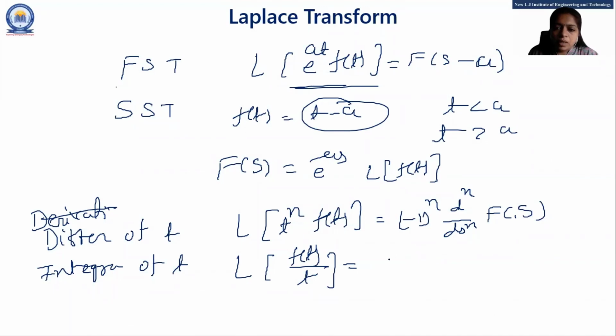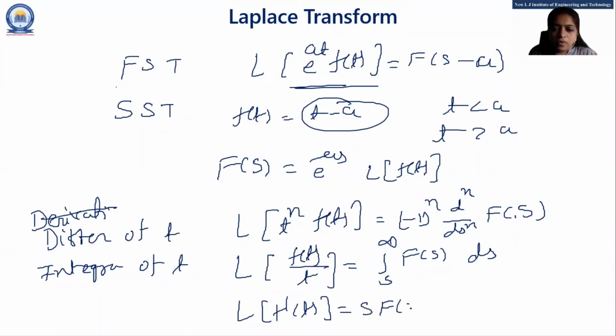Next is division by t, that is Laplace of function of t upon t, which is the integration from s to infinity of F of s ds. And the last topic, Laplace of f dash t, that is s F of s minus f of 0.